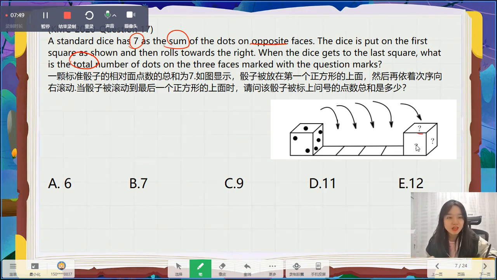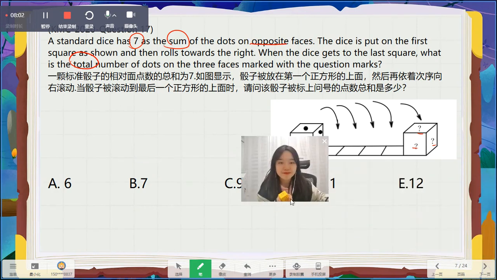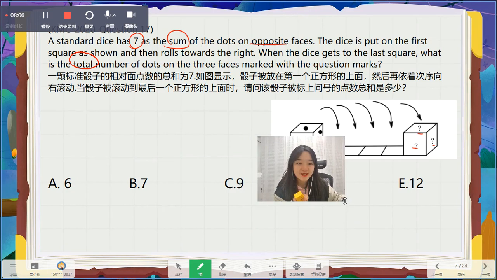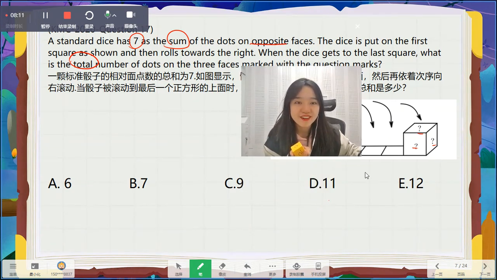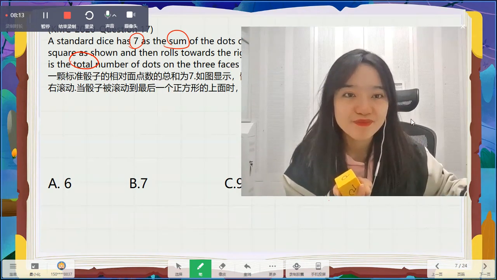Now let's find the 3 question marks. The front face, the top face, and also the right face. Now let's see, what does opposite mean? It's a very important concept. Let me become bigger. Okay, now, can you see me clearly?